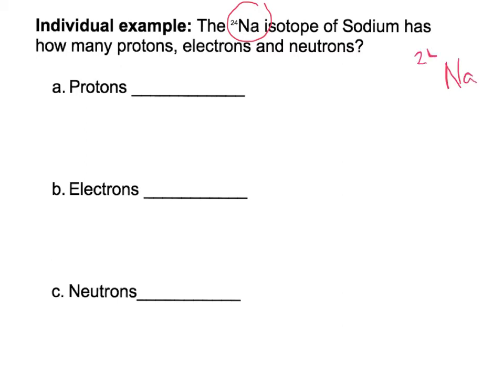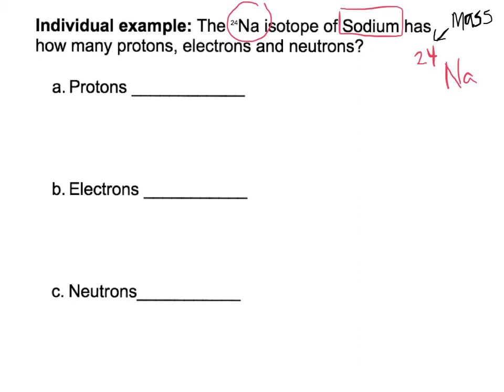Na-24 written on the top. The Na, hopefully we know, means sodium. That's what the Na tells us. The 24, that is its total mass. So using that, we should be able to figure this out.